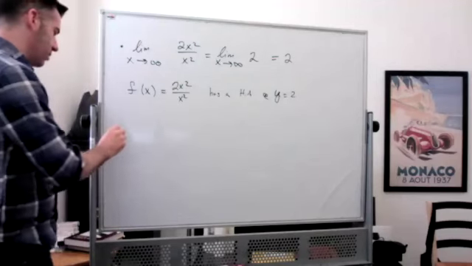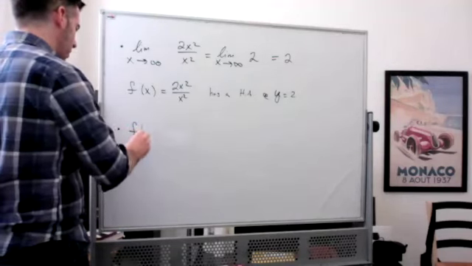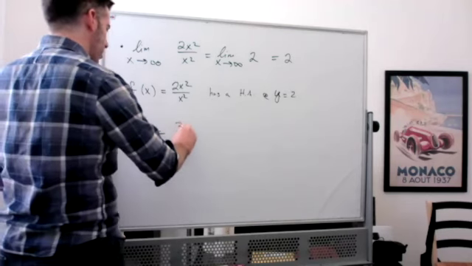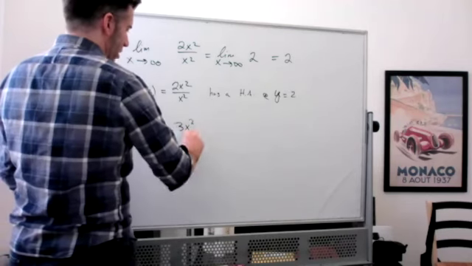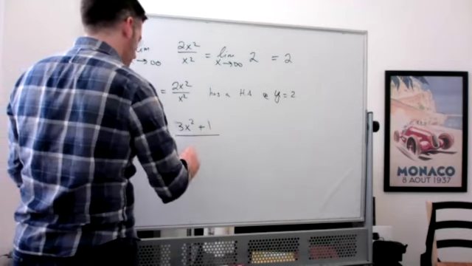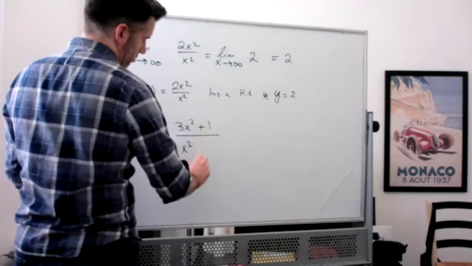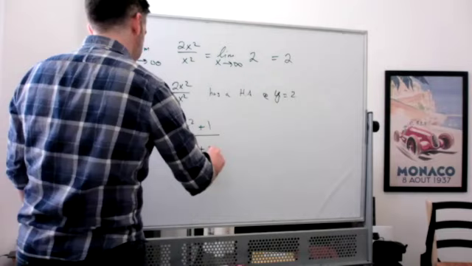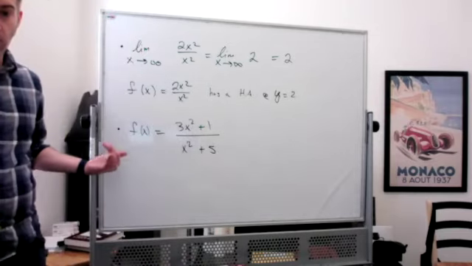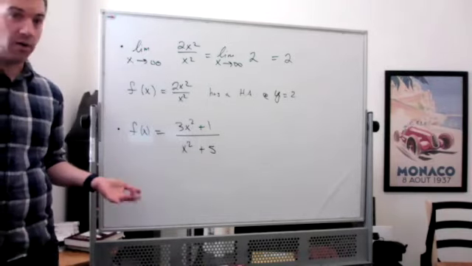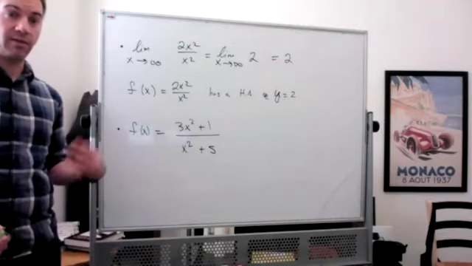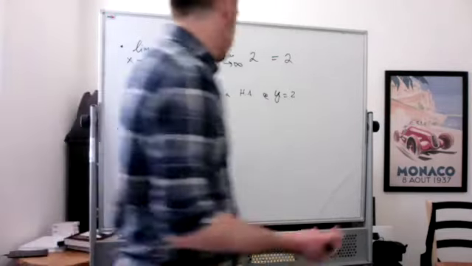A better question would be, what about the function, say, 3x squared plus 1 over x squared plus 5? This function, we could ask about, does it have any vertical asymptotes? Does it have any horizontal asymptotes? So actually, let's ask the first question.